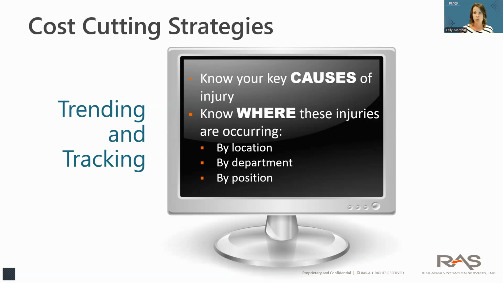Is it a certain one of your locations or your buildings? Is it a certain job title or position, a certain work that people are doing, where you tend to see these? As we better understand what the trends are and where the claims are coming from, then we can work towards getting to the bottom of helping to provide some solutions so that instead of managing the claim, we can prevent the claim and the injury from happening altogether.